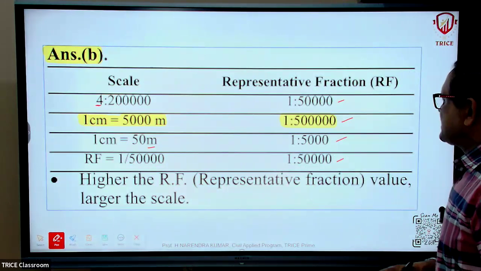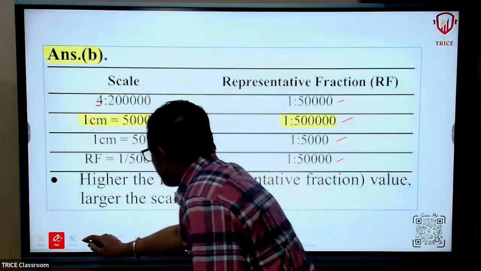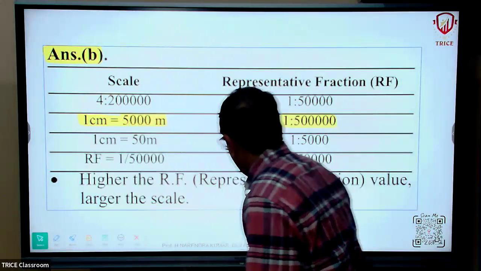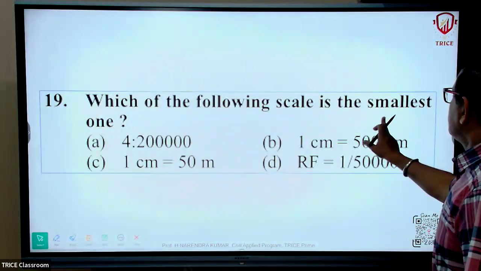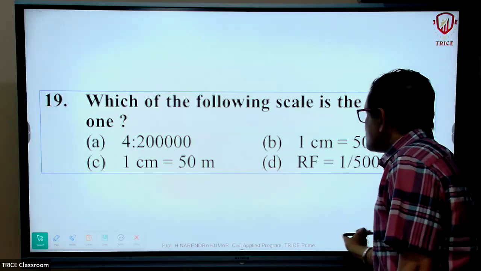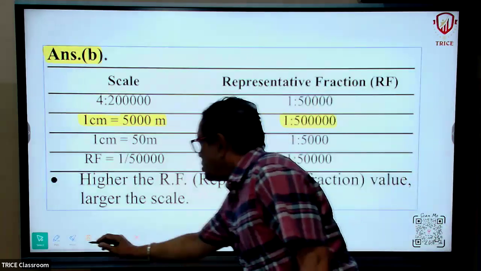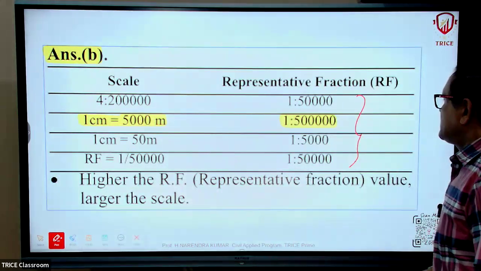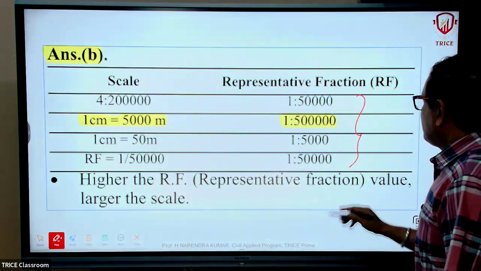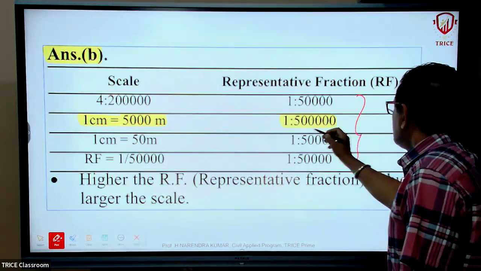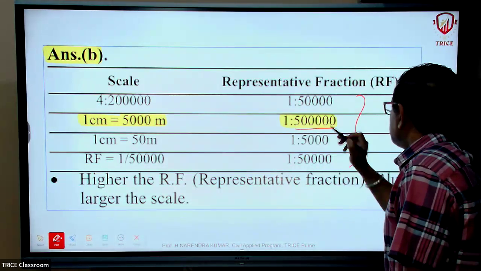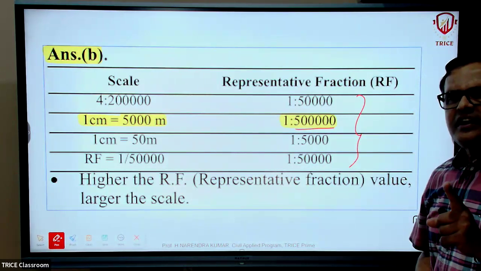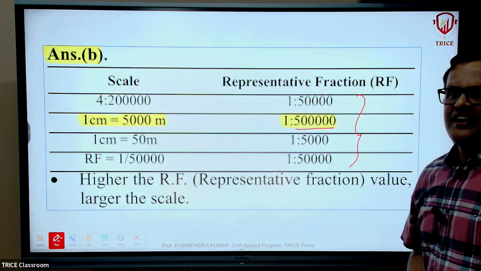Now it says the lowest value. I will go back to the question slide. What does the question say? Smallest one. So how to choose the smallest one out of the RF values? Wherever the right hand side of the representative fraction is maximum, we say that is the lowest scale.